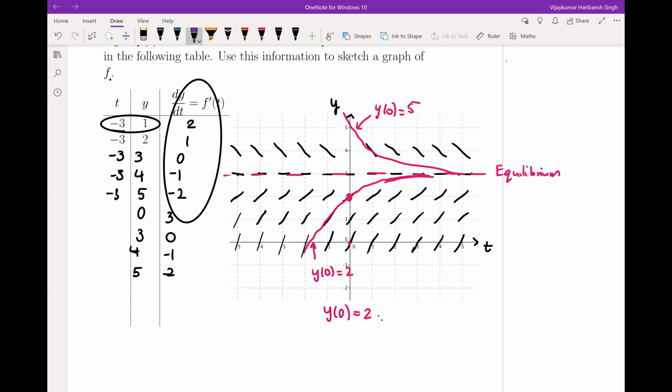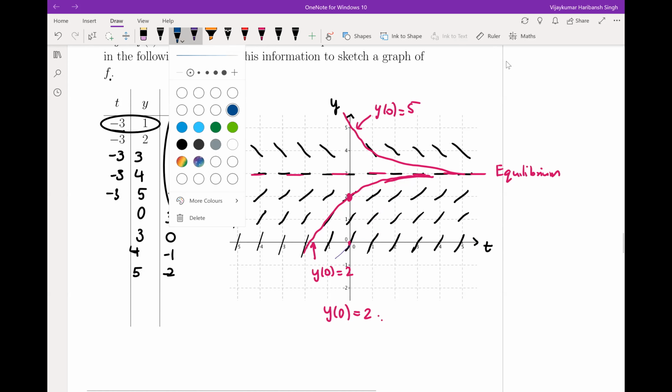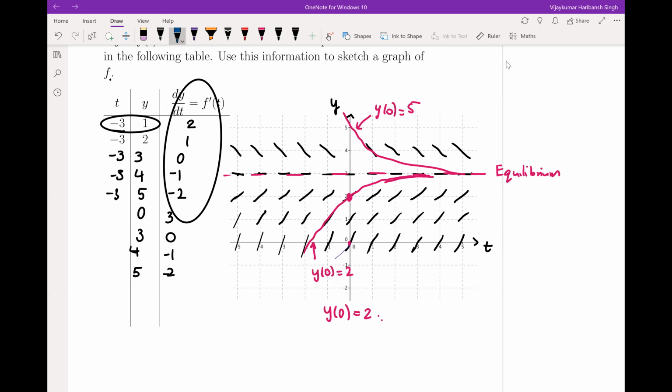Another solution would be, if you walk along this solution, this will correspond to y of 0 equals 0.